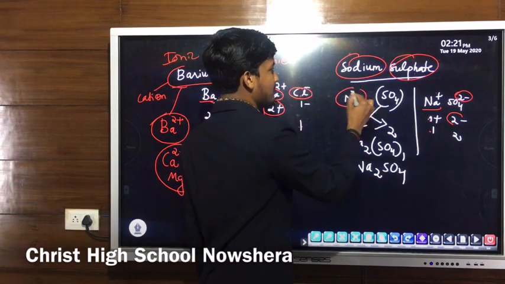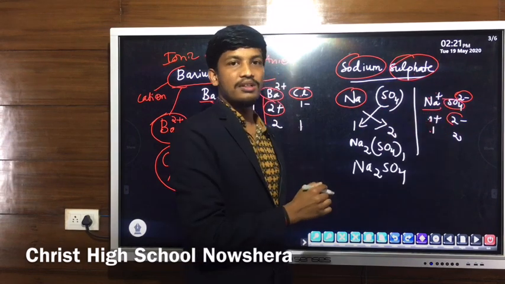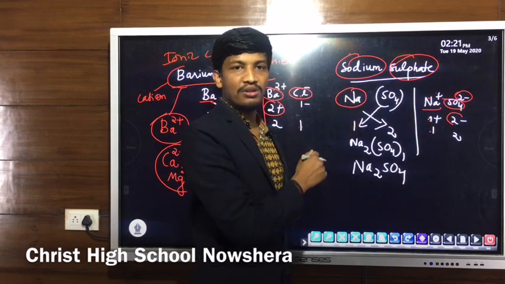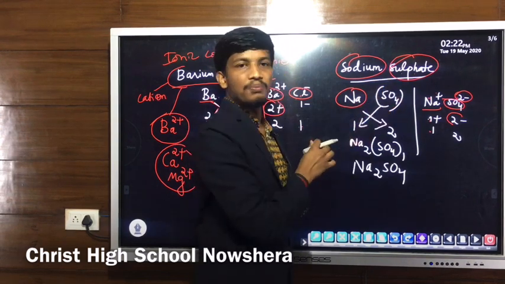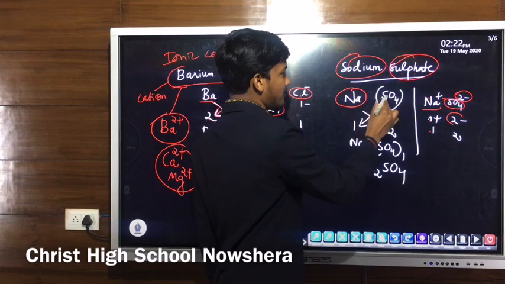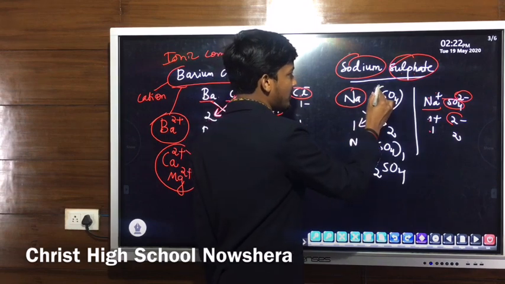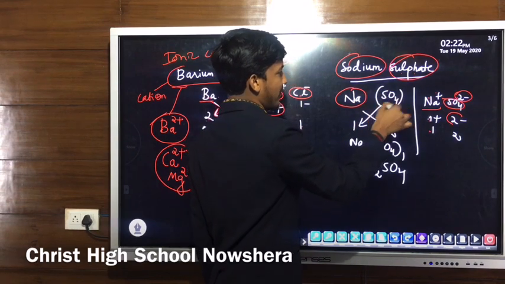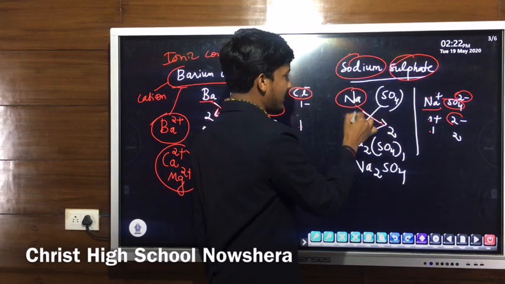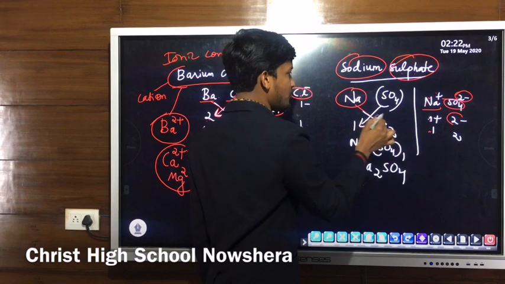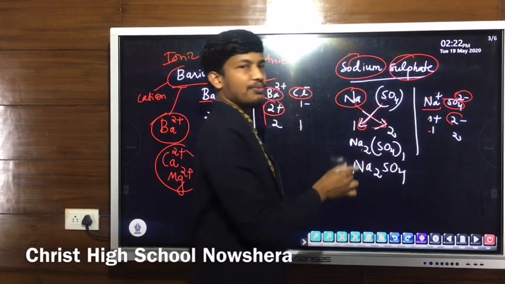Then we write the symbols: sodium Na, then sulfate SO4. Sodium is monoatomic because it has only one atom, but sulfate is polyatomic: one S atom and four oxygen atoms. In the case of polyatomic ions, we write them in brackets; in the case of monoatomic, no brackets. Then exchange the valencies: Na valency 1, sulfate 2 becomes Na2 SO4 1.